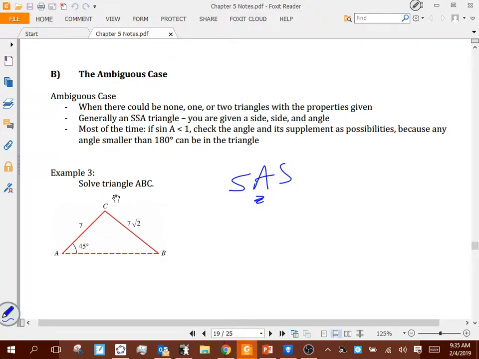But when I go angle side side, the angle is now not stuck between two sides. We call it the non-included angle, okay? So you've got two sides, and then an angle that is not between them. And that's what we've got going on here, right? Okay. Now let's walk through a picture of what's really going on here with the angle side side.